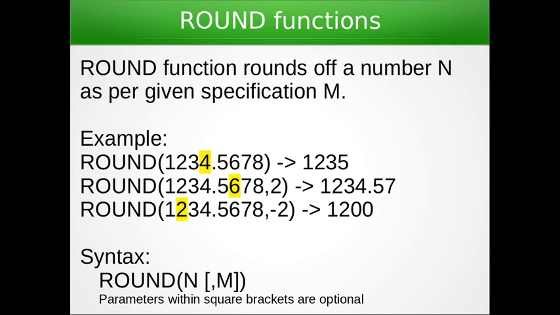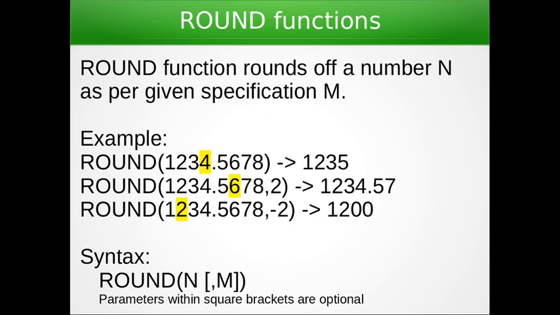So what happened here, if we give the second number positive, then after the decimal point we have to shift 2 places to the right, and if we give the second number negative like minus 2, then from the decimal point we have to move 2 places to the left.